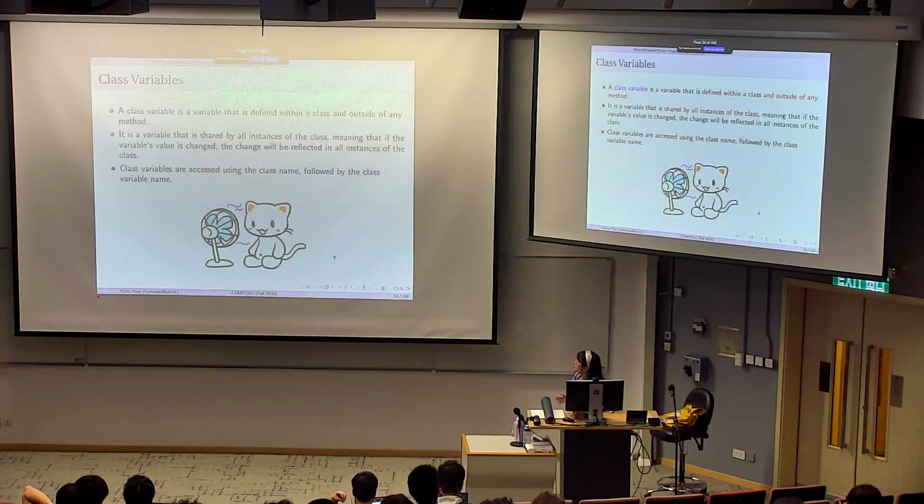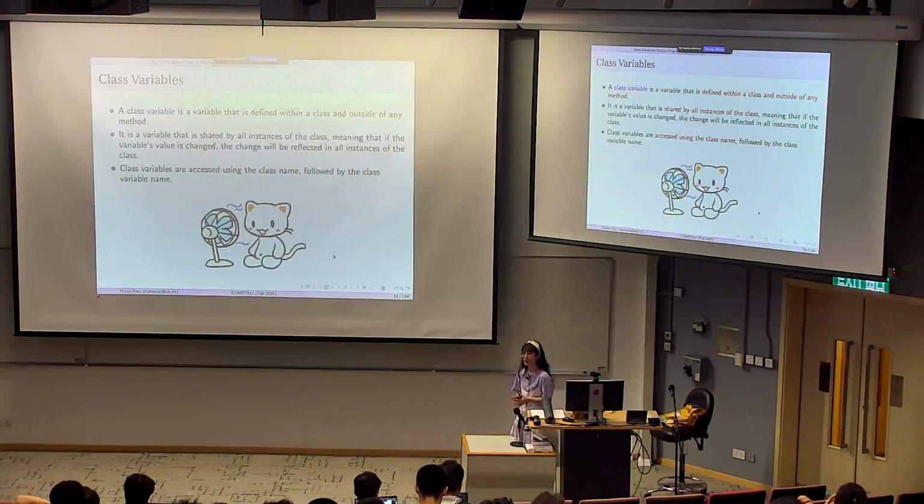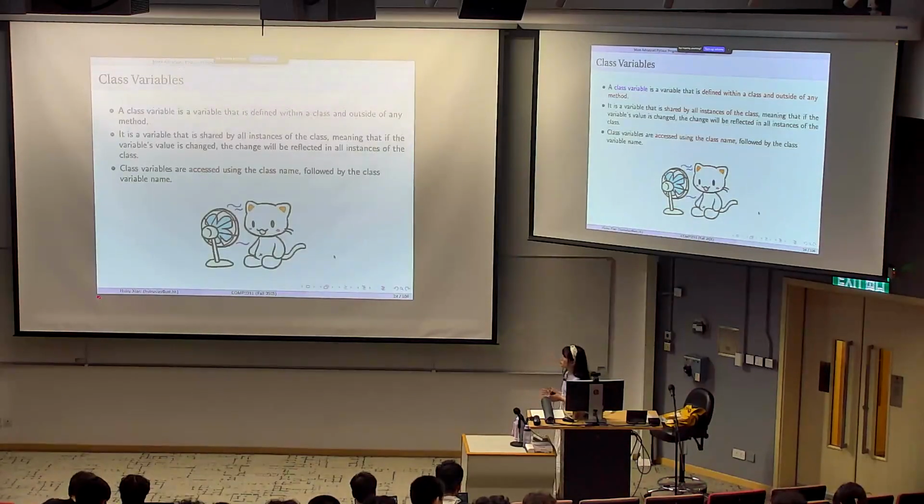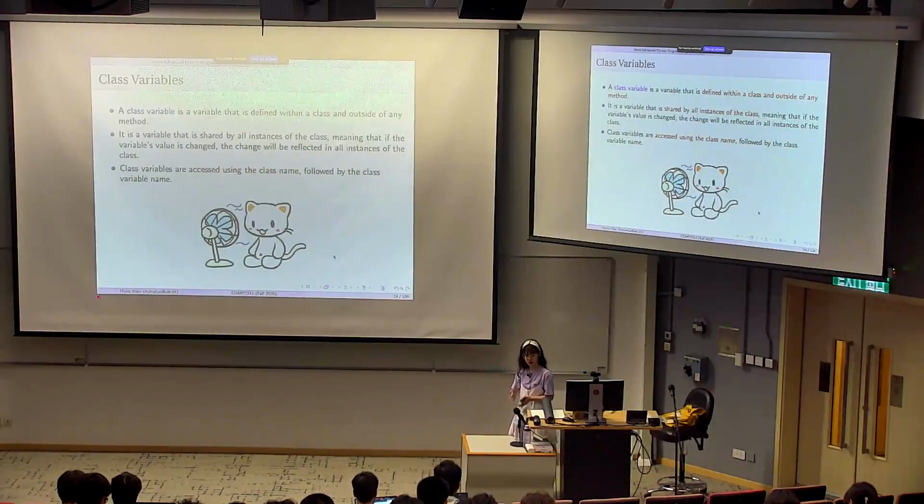Let's continue. The next content would be about class variables. Yes, I know, confusing, right? Before we learned class instance variables, now we have a new concept called the class variable. Then what is this class variable? It's definitely different from the instance variable.